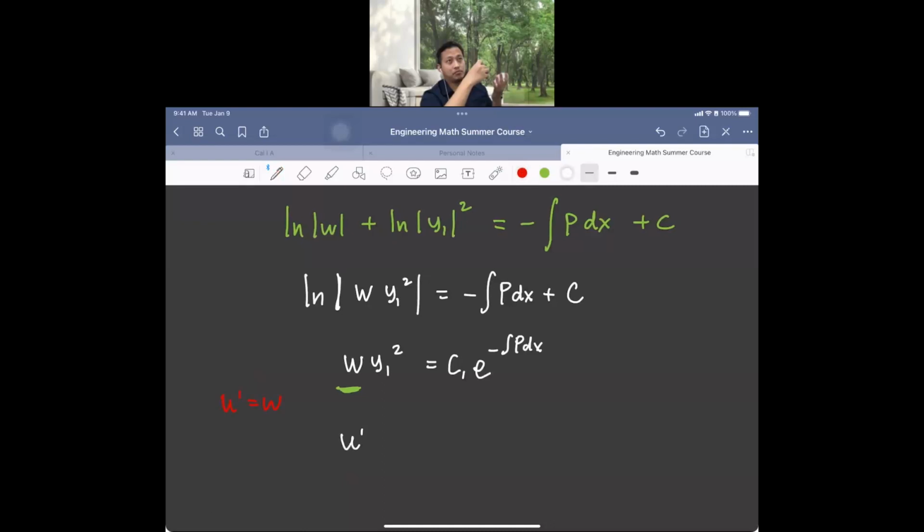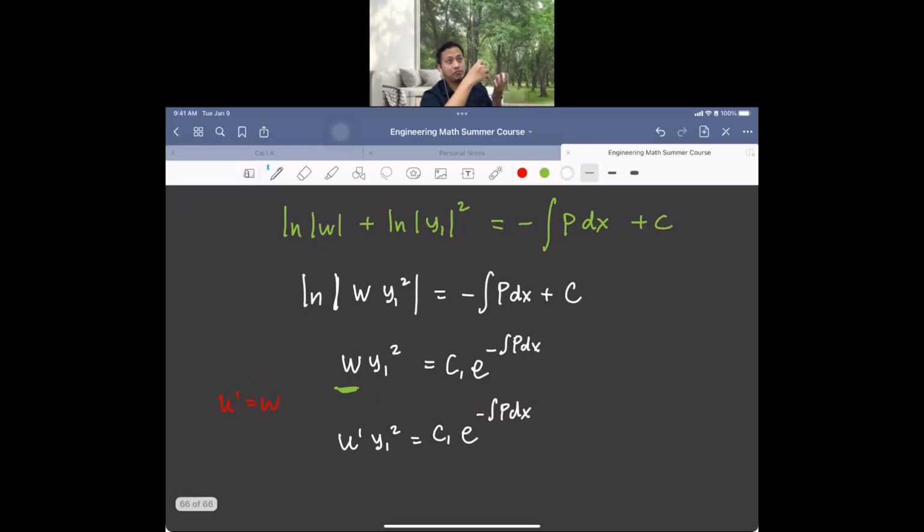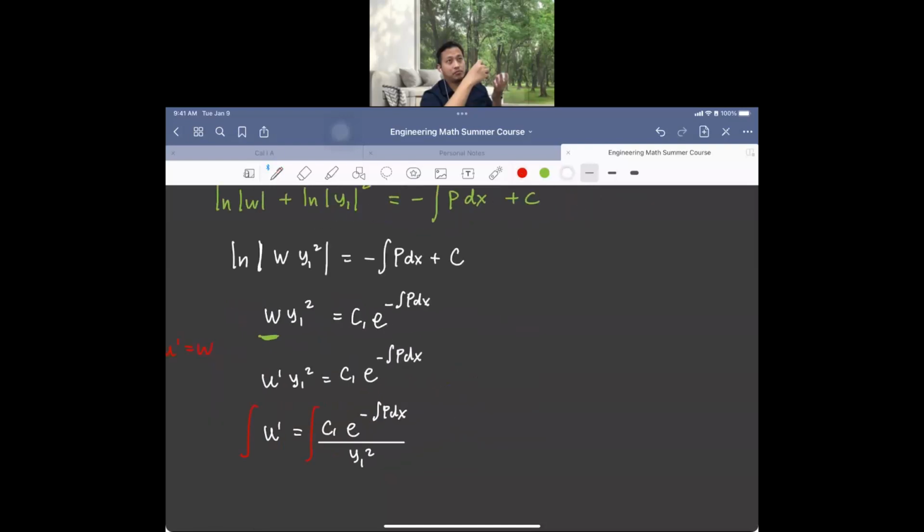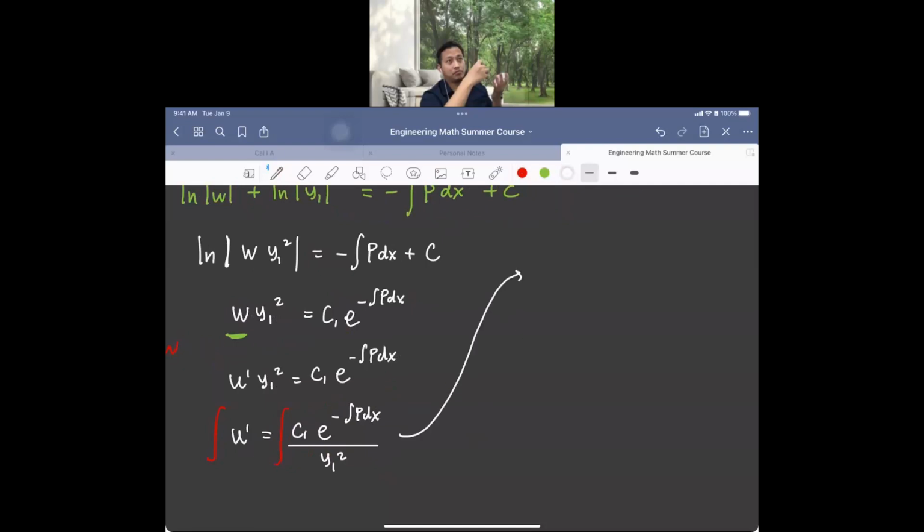And it's still in terms of w, so we need to go back to make it u prime, right? So this will be u prime y1 squared equals c1 e to the negative integral of p dx, or in our case here, u prime is c1 e to the negative integral of p dx divided by y1 squared.